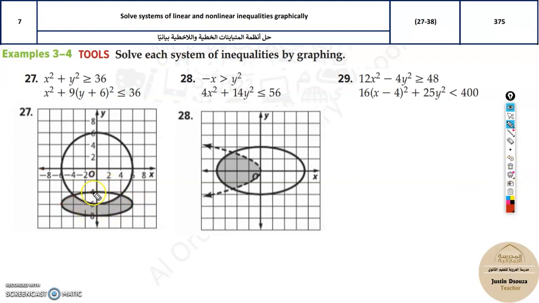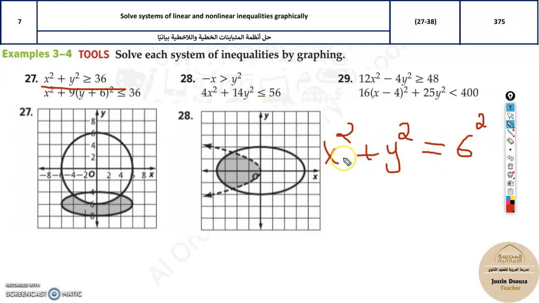But that is just the shaded region. That's simple. But what about these equations? The first equation is very easy. It's a circle, isn't it? When you look at it, you will understand. It's x squared plus y squared greater than or equal to, I'll just take it as equal to for now, equal to 6 squared. The root of 36 is 6. Very simple.